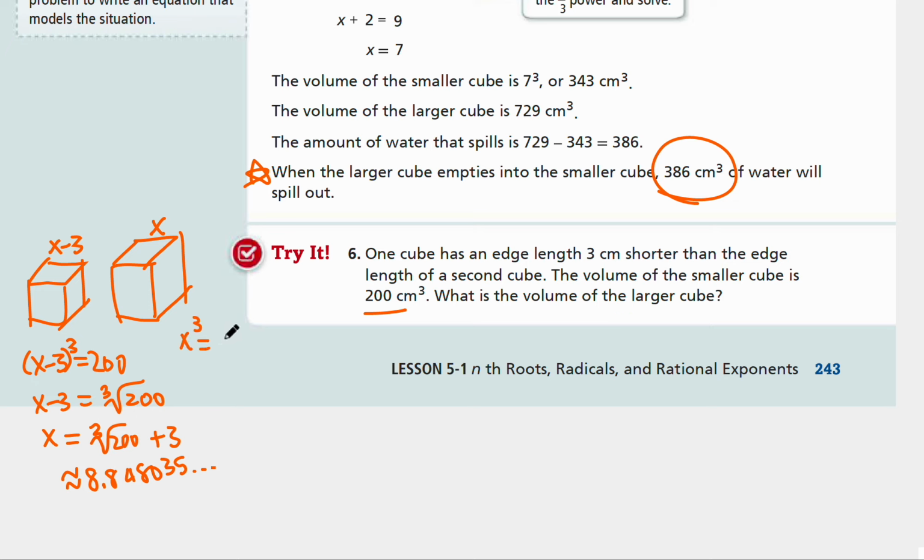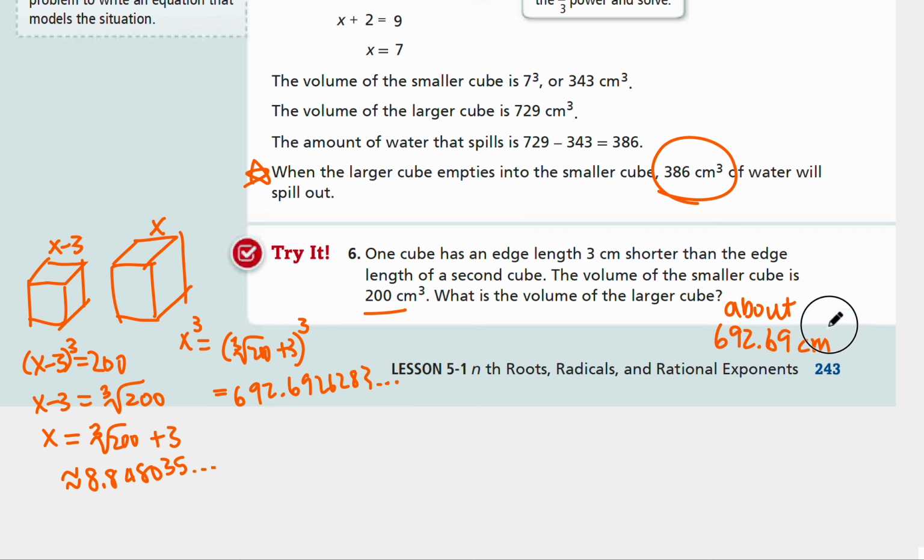And so that's really the cube root of 200 plus 3, cubed. And so you can use the calculator again, and you see 692.6926283... So the volume of the larger cube would be about 692.69 cubic centimeters.